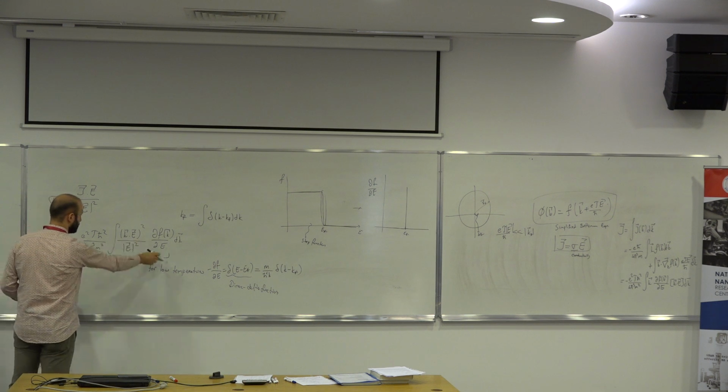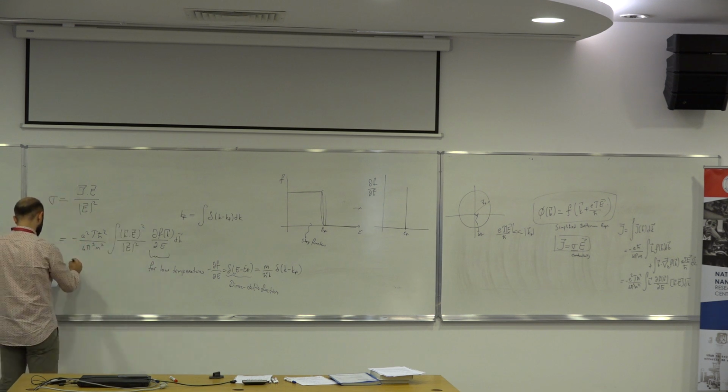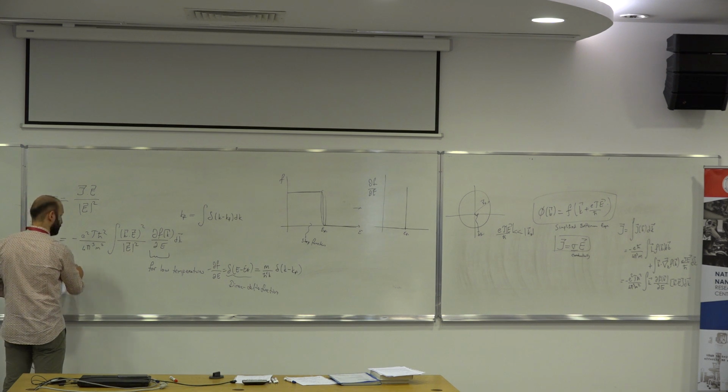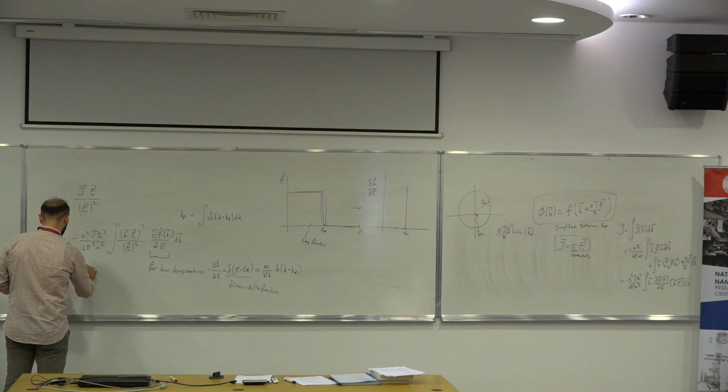So if I do the same thing here, this is what I'm going to end up with. e squared tau over 4 pi cubed m. Let me write this integral down one more time.